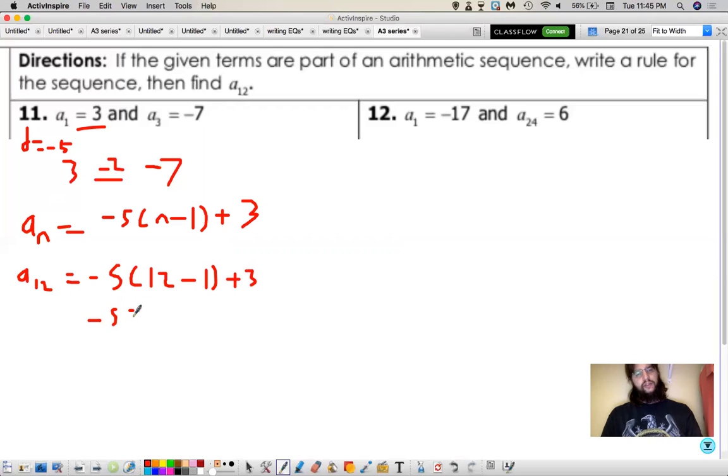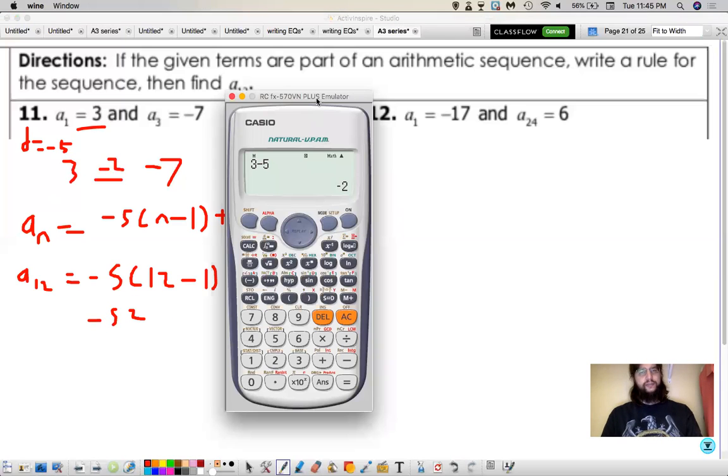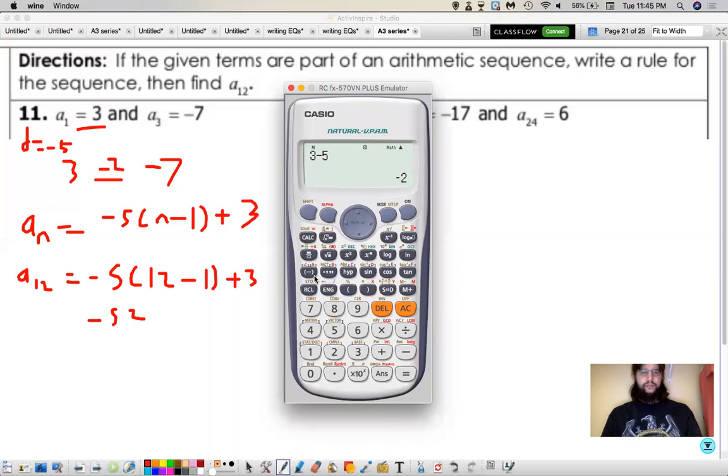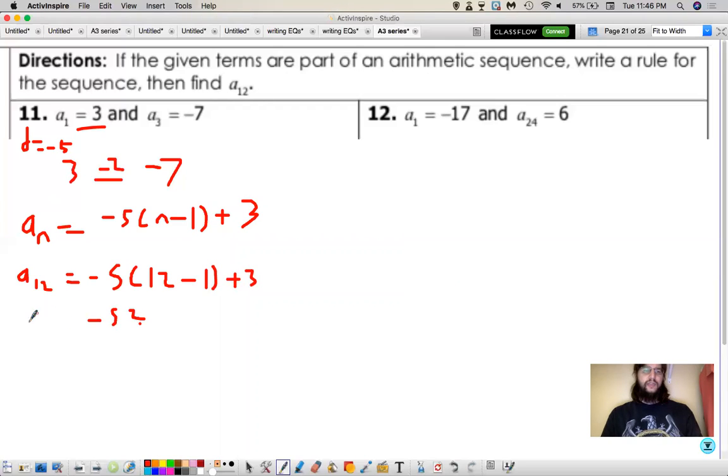You got -52. Let's just use the calculator. -52. Okay, I didn't screw it up that time. That's a12.